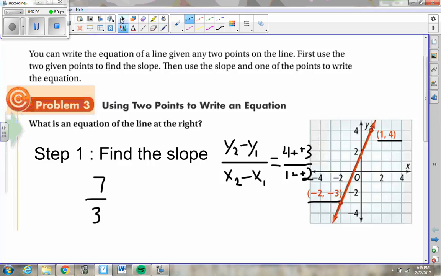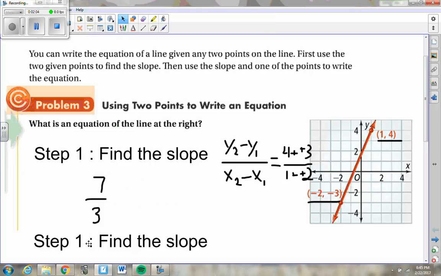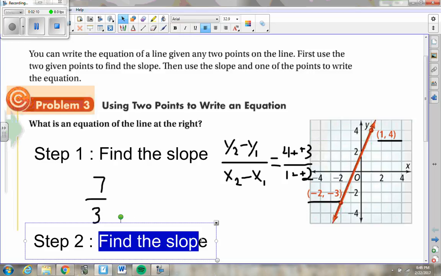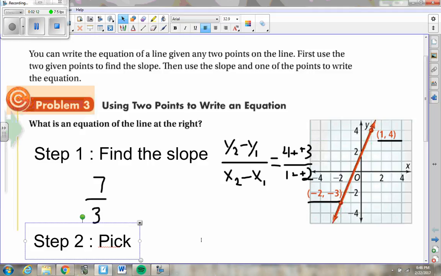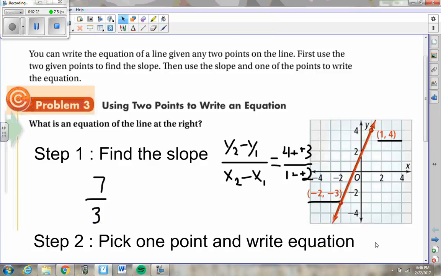Okay, and now my second step is to pick one of my 2 points and use that to write my equation. Okay, step 2 is pick one point and write the equation. Okay, not equations, just equation.